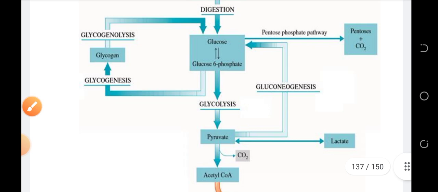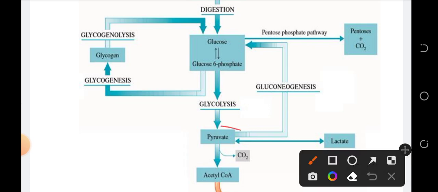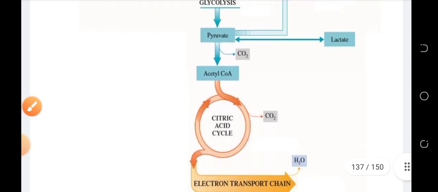And from that, the end product of glycolysis is the pyruvate, and pyruvate could then be converted to acetyl CoA. Pero ang ating pyruvate ay 3 carbon atom molecules, so meron tayong tatanggalin na carbon dioxide kasi nga si acetyl ay 2 carbon atom molecule lang siya.